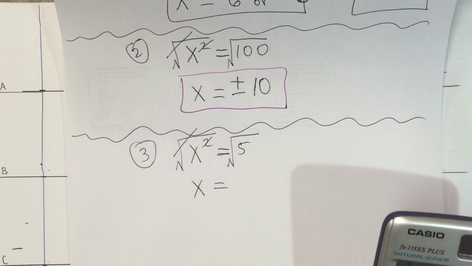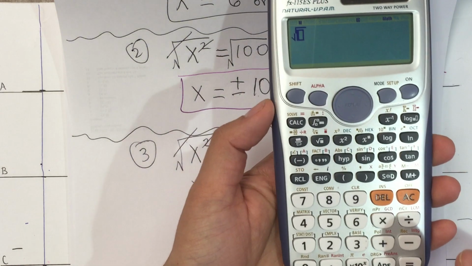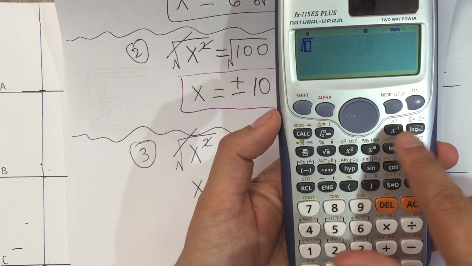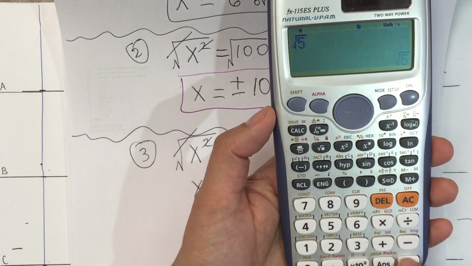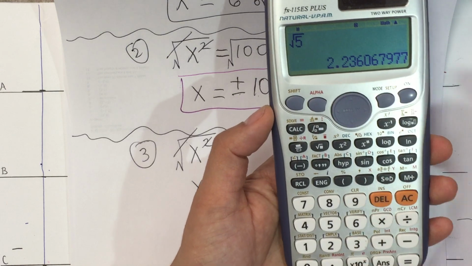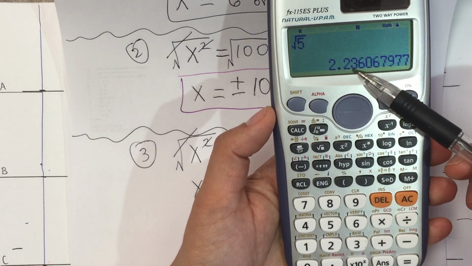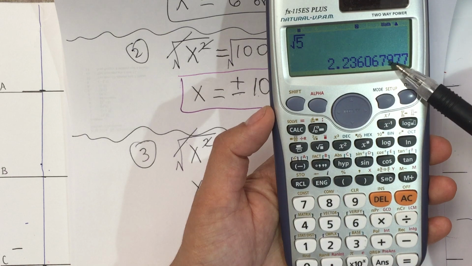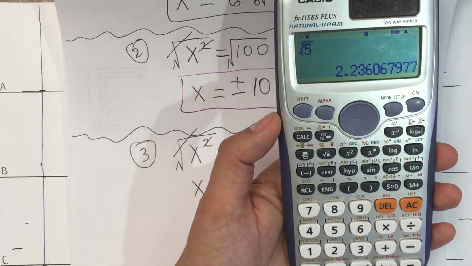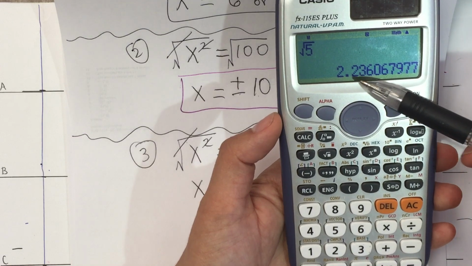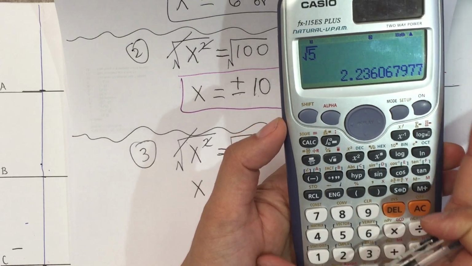Later on, we're going to be using our calculators, so we press the square root and then the 5, and we get that the answer is 2.236067797, etc. This is an irrational number. It means that the decimals go on and on without repeating.